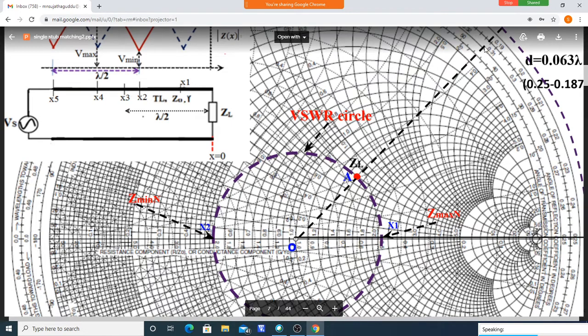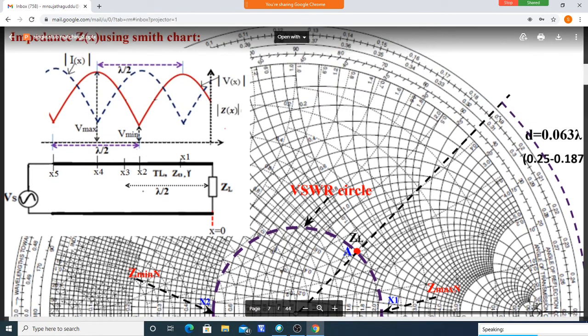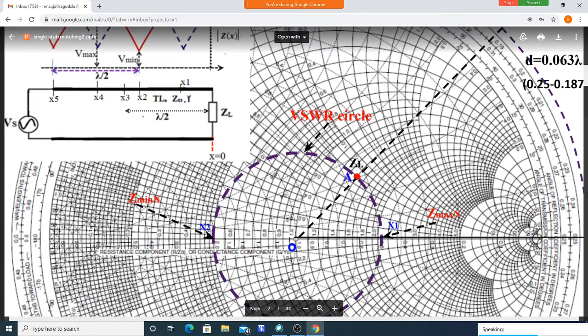Minus this value here, which is approximately 0.187. So 0.25 minus 0.187 will give you the distance from here to here.